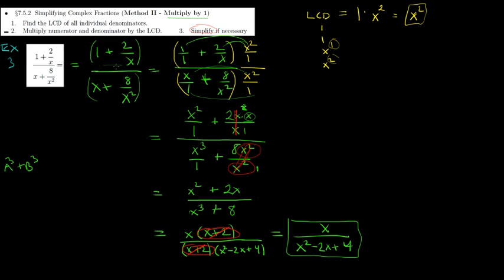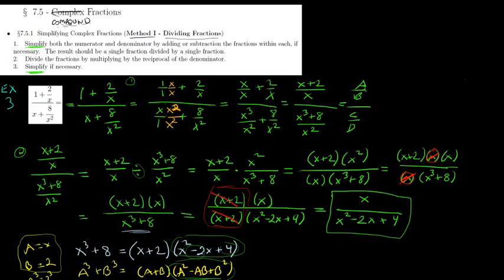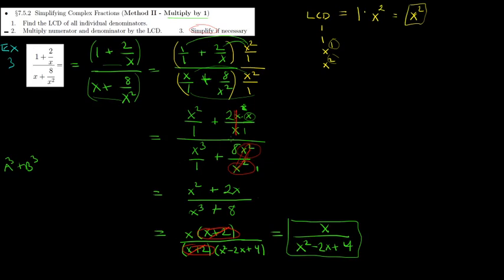But if you have to add or subtract fractions in the numerator and or the denominator, then you're probably better off using method 2 here. So those are the two different methods in section 7.5, right? So method 1 and then method 2. So I think I'll do one more example, and then we'll move on to the next section.